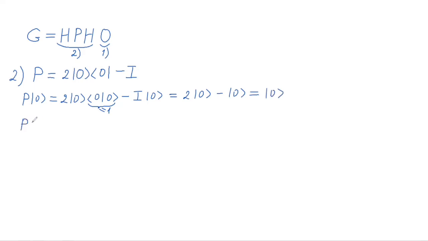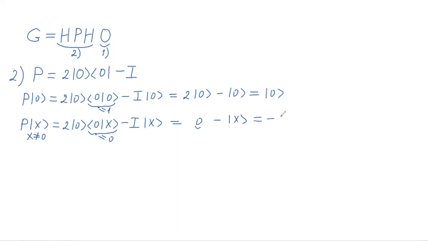Now let's see what happens when we act with operator P on a vector x, where x is not equal to 0. We will get 2 ket 0 bra 0 x minus I x. This part here now equals 0 because it's a scalar product of two orthogonal vectors, and therefore this all becomes just a number 0, minus the x vector, so it will be minus x.